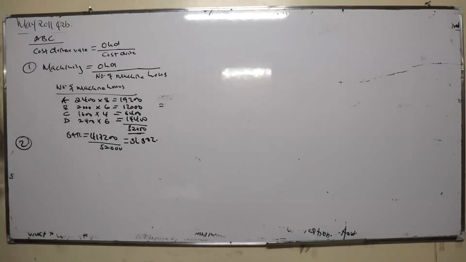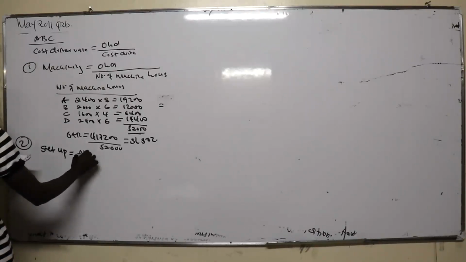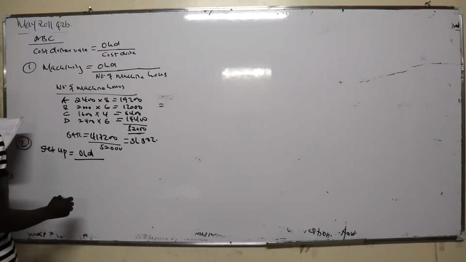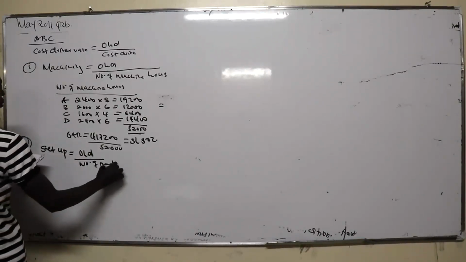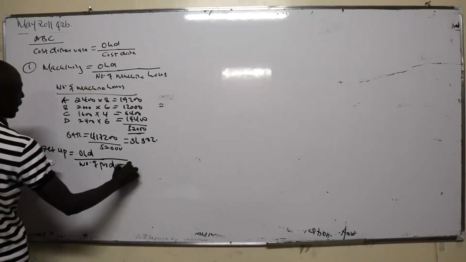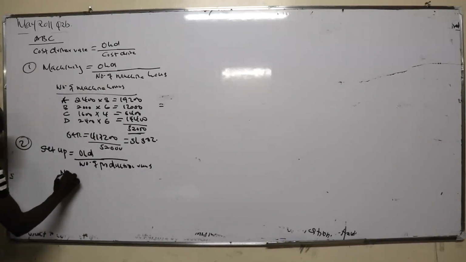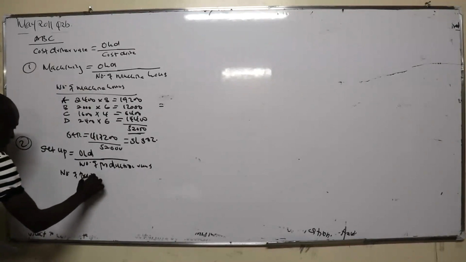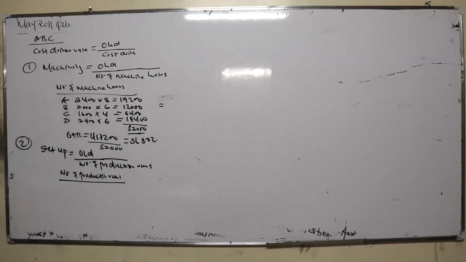Number two, we have the number of production setups. Setup is the second one. So here we have overheads over the number of production runs.